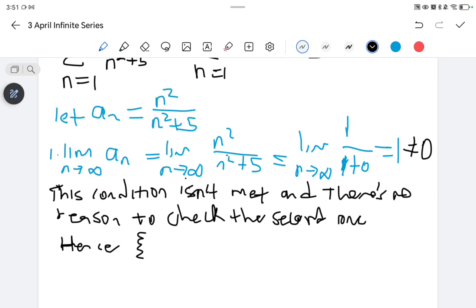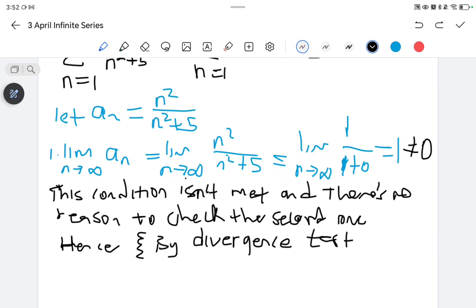So we can apply the divergence test. Remember I said that if something diverges, you can check by the divergence test to confirm that it does diverge.